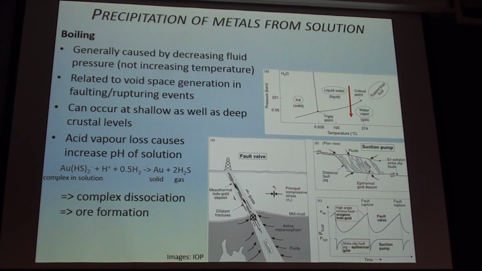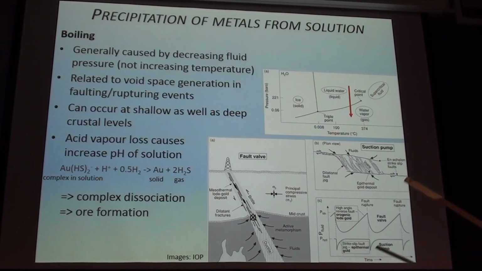Another way of precipitating metal from solution is by boiling, basically by decreasing the pressure rather than increasing the temperature. So if we want to boil some water here, we need a heater, a stove heater.